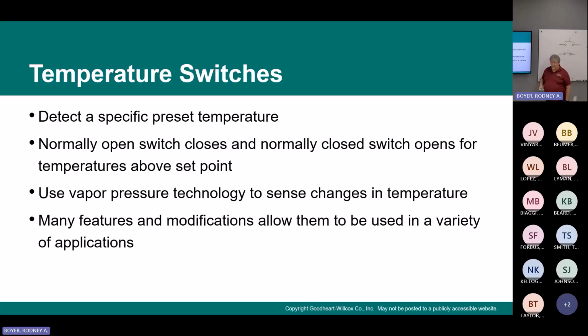The most basic type of temperature switch is just a bimetallic strip. Two pieces of metal that are physically attached to each other, and they are dissimilar metals. They have a different expansion rate whenever they heat up.